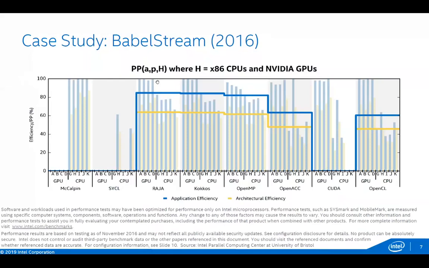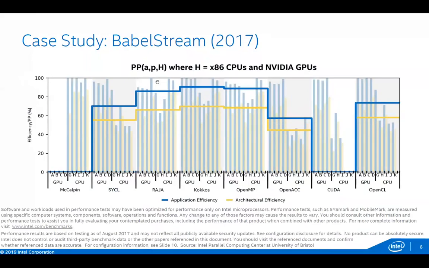In all the other cases, you can see that the performance efficiency is actually quite good, and the performance portability score comes out at about 80% for RAJA, Kokkos and OpenMP, and 60% for OpenACC and OpenCL. And if you look behind the lines at the blue and yellow bars, you can see the reason that those efficiencies aren't higher is that typically the GPU efficiencies are quite high, in some cases very close to 100%, but the CPU efficiencies are low, and so the metric is being pulled down by those.